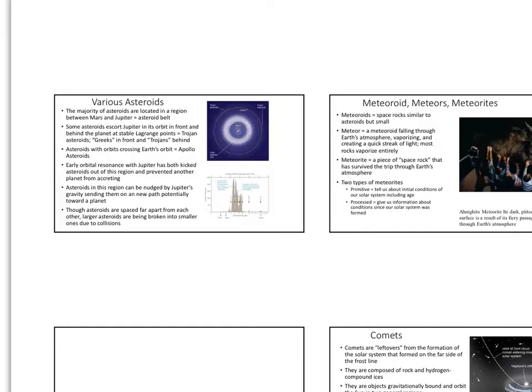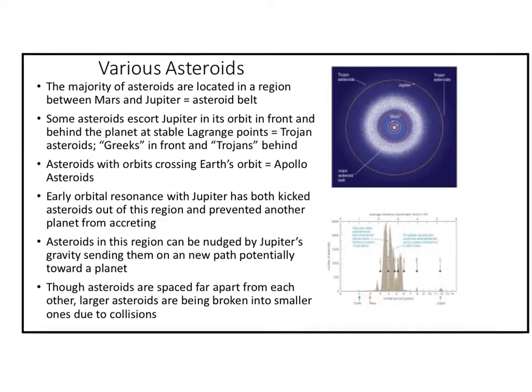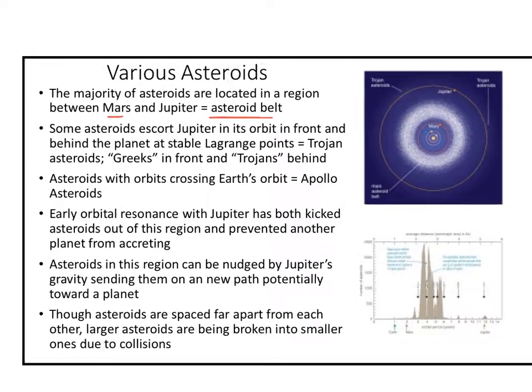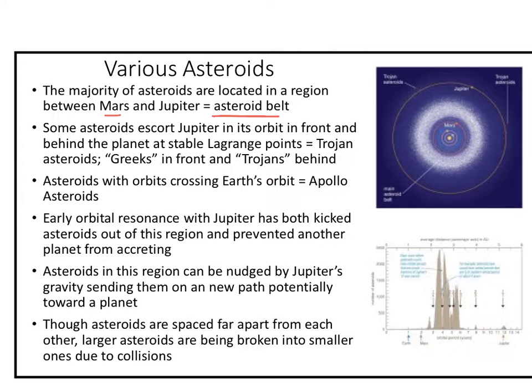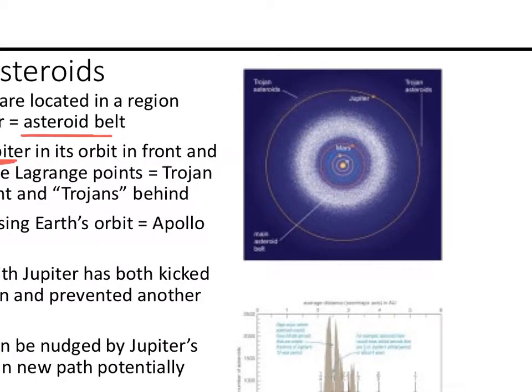It looks like this, where we first talked about asteroids and meteoroids. So we usually think of the asteroid belt as where asteroids are, and of course that's between Mars and Jupiter. But there are a couple other places. If we pick on Jupiter, we can find Jupiter in its orbit about the sun.